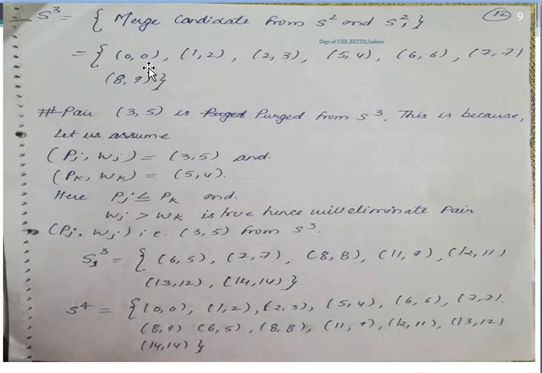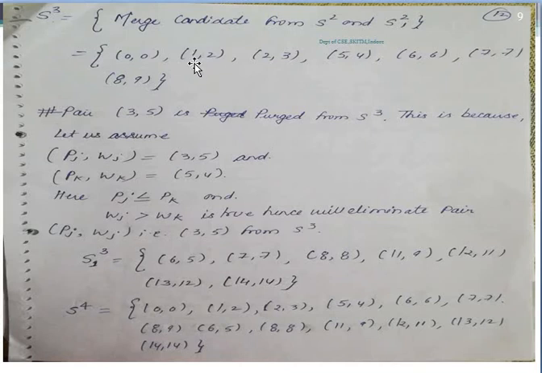So here we are checking whether we are having, in this sequence, any profit comma weight pair which has more weight but less profit. If we look at the set, the weight is increasing, so the profit is increasing.